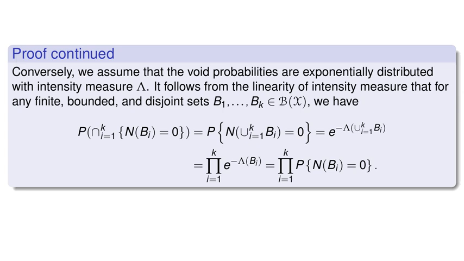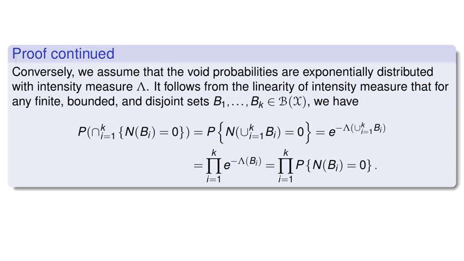By our assumption, this is e to the power minus lambda of the union from i equals 1 to k of Bi. Since the sets are disjoint, lambda of their union is the sum of their lambdas. So this becomes e to the power minus the sum from i equals 1 to k of lambda of Bi.